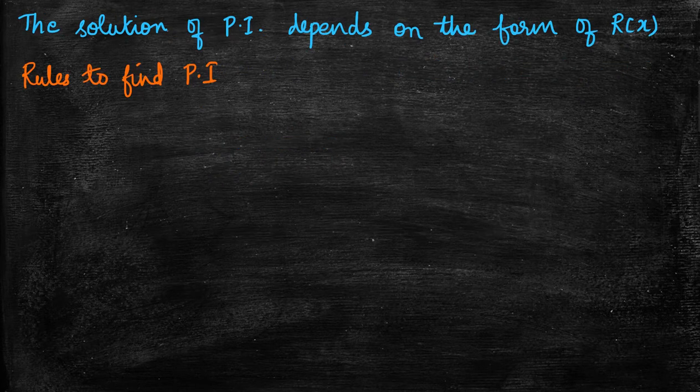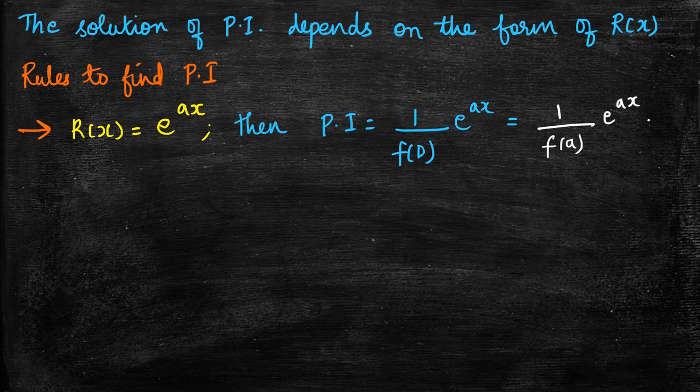Now if I say my r of x is an exponential function, that is e power ax or e power minus ax or anything, then the particular integral PI can be written as 1 by f of d into e power ax. Here f of d is that particular term written in terms of d, that is d square plus pd plus q.